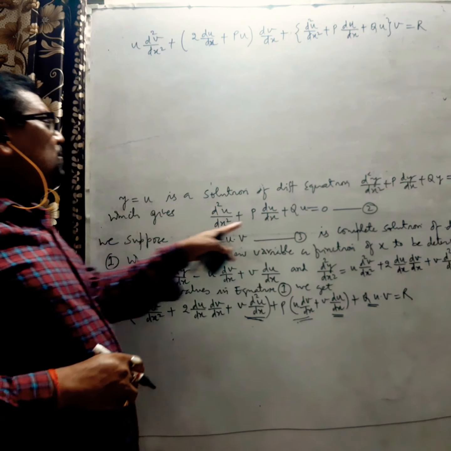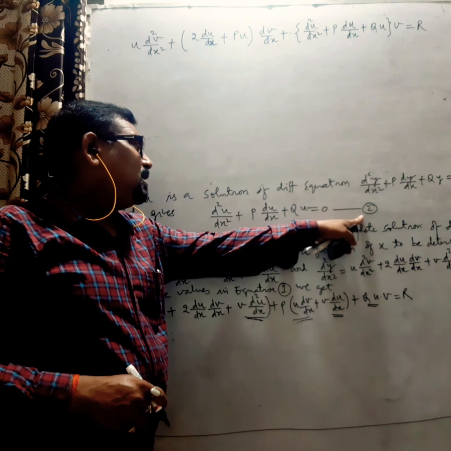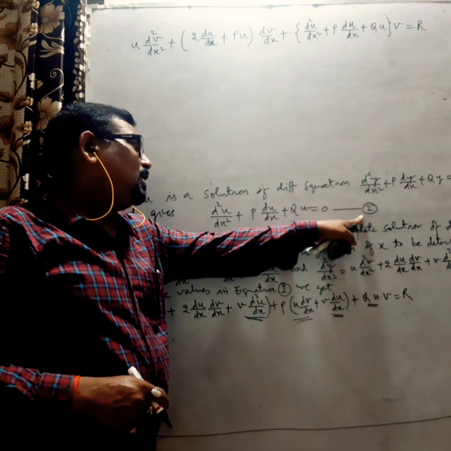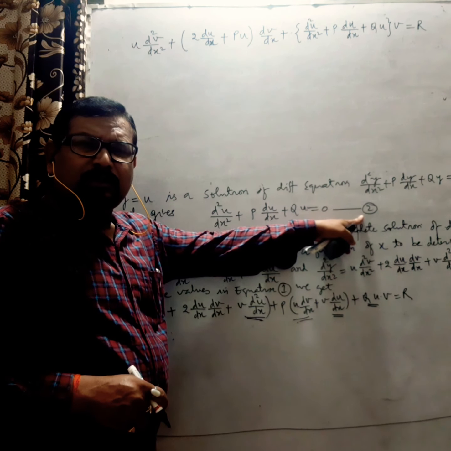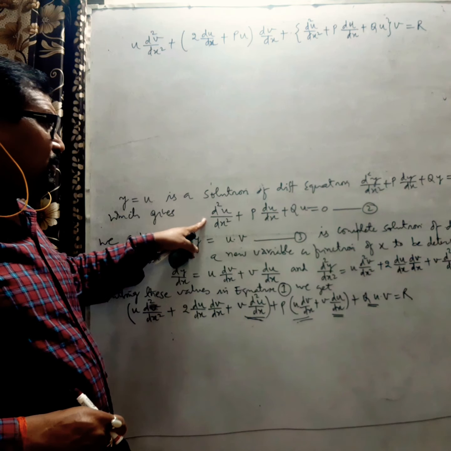Now we use equation number 2, because it is given that u is one part of the CF. That's why we have got this equation 2.